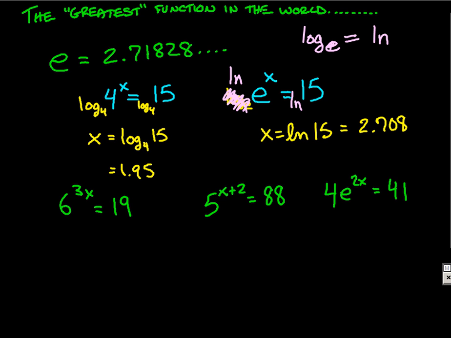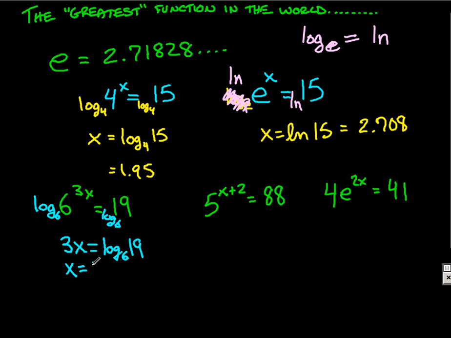Alright, let's see how you did in these first ones here. All these involve logarithms, so what I need to do is log base 6 of both sides. I should end up with 3x equals log base 6 of 19. Now, to get x by itself, I'll divide both sides by 3.